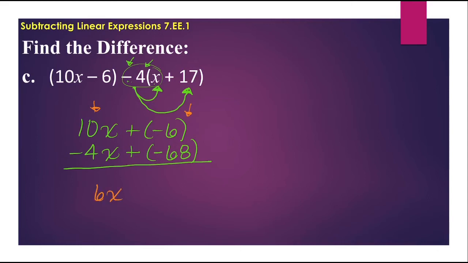And then, because we're basically putting like terms together here, we have negative 6 plus negative 68, which makes negative 74. And we're all through with that particular example. There's nothing else we can do to it. 6x plus negative 74 are not like terms, and this is simplified down into as few terms as possible.